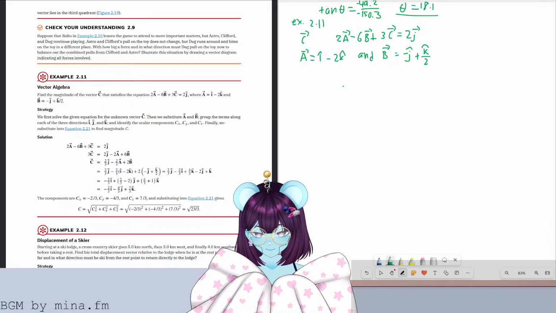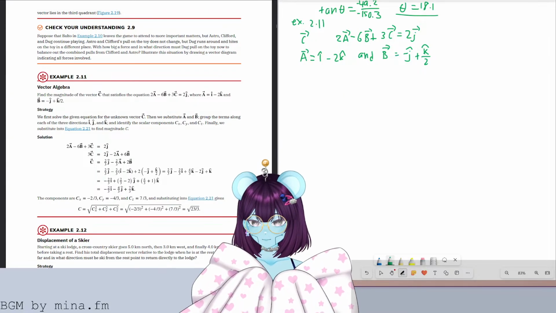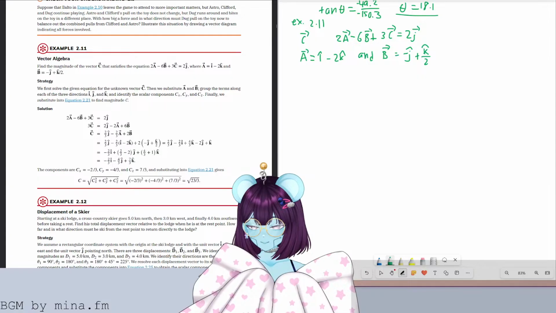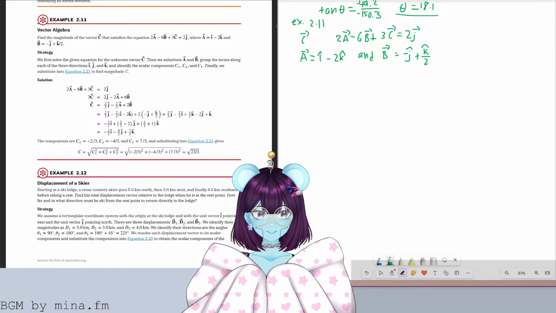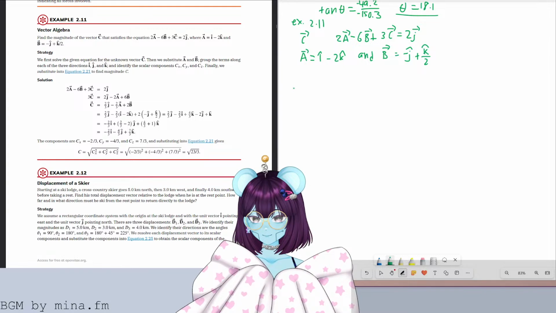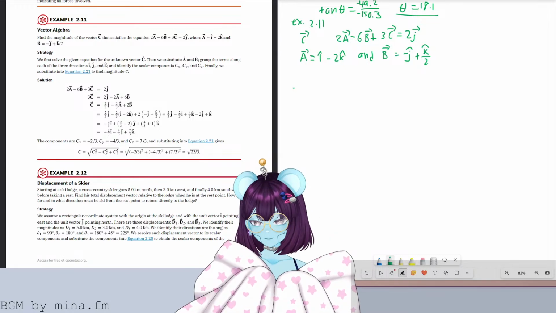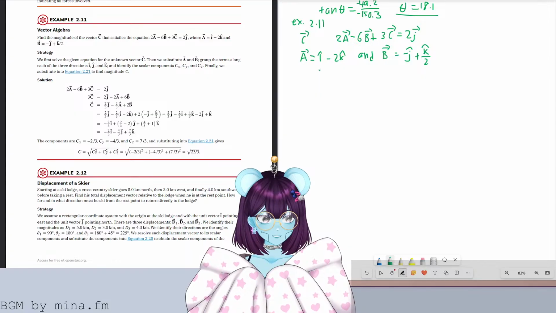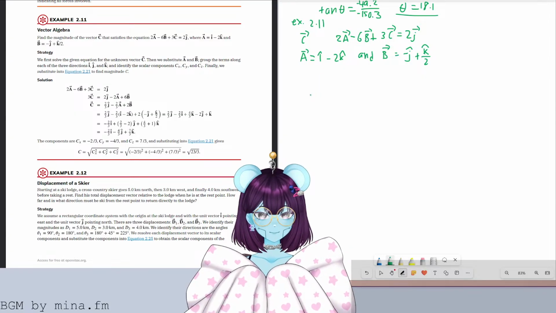So we have this. We first should plug everything in, and that is exactly what they did here. Oh, no, they didn't do that there. So they isolated C first. I guess either way would have been fine. We'll do it the book's way, because it's the book, and I'm following the book.